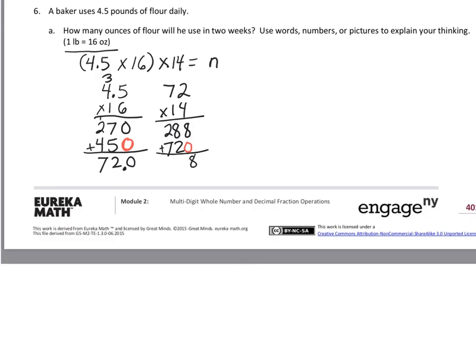And then 8 plus 2 is 10, carry the 1, and 1 plus 2 is 3, plus 7 is 10. So we have the answer to our problem. 1,008 ounces. So you will want to write a statement answering the question and stay tuned for part 3.